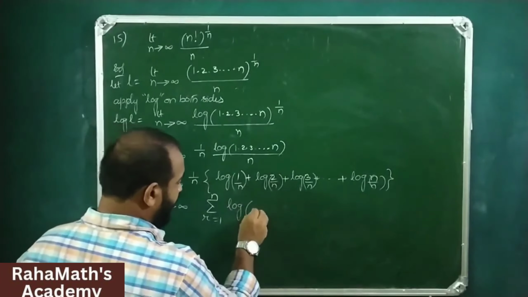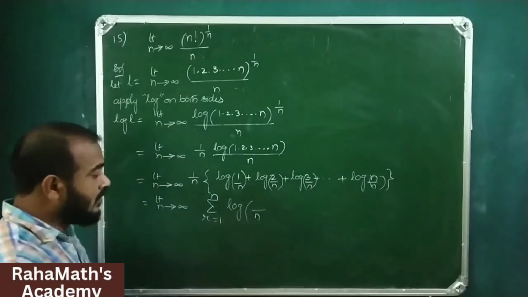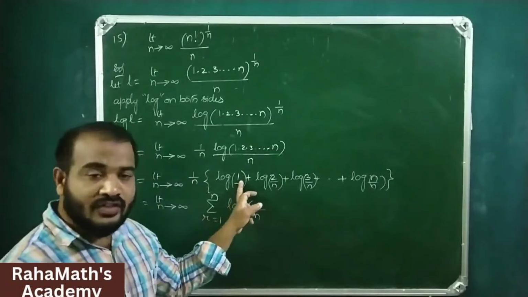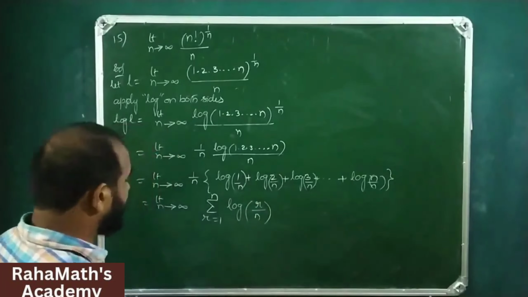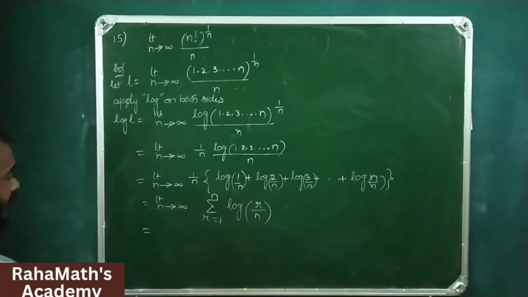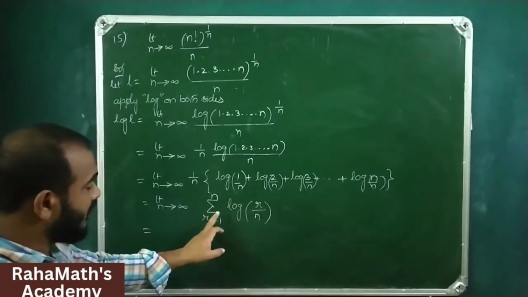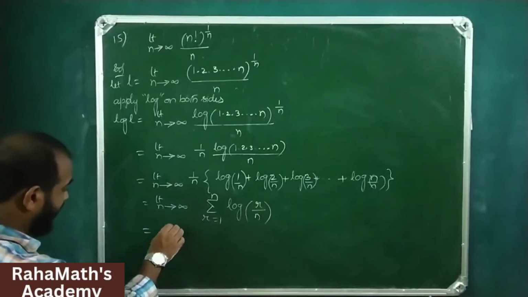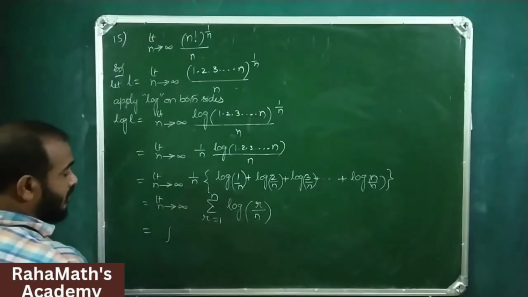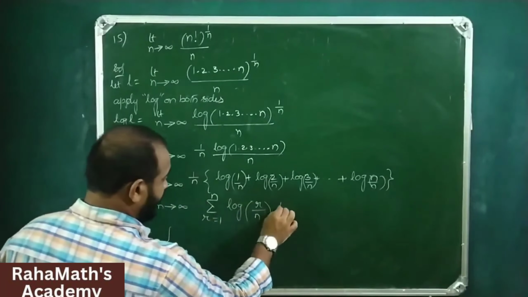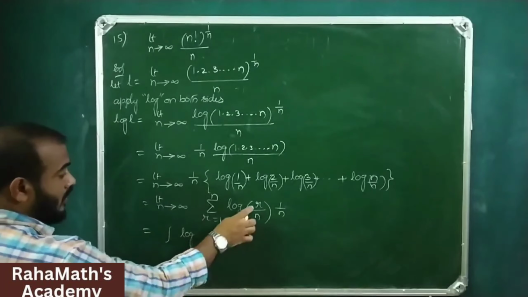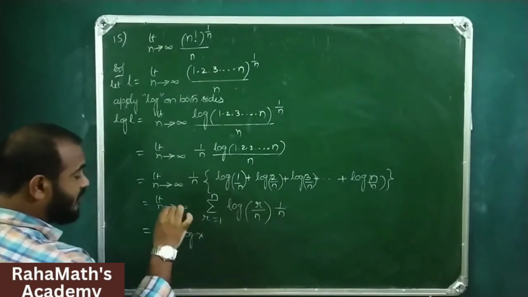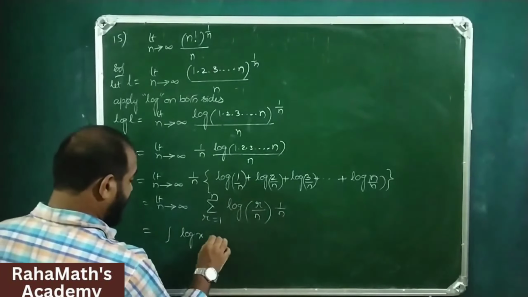In everything, by n is common, but here r is in the numerator. So r I will take. So this is limit n tends to infinity, sigma is taken as integral, and this 1 by n is dx. So log of r by n is to be replaced as x, 1 by n is dx.